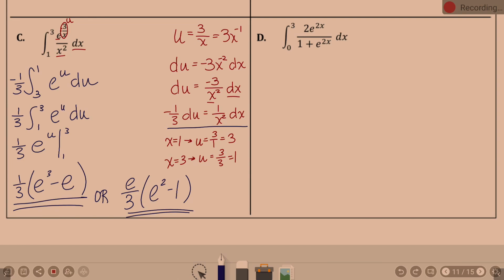So, the only other option I have is putting it together as one fraction, where I have e times e squared minus 1 all over 3. There are lots of options. I'm not even saying these are all the options, just be able to recognize equivalencies. That's just multiplying this together. Okay?